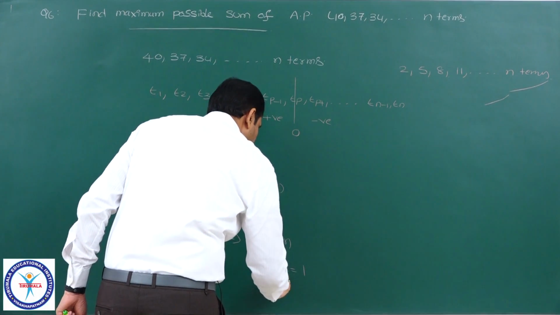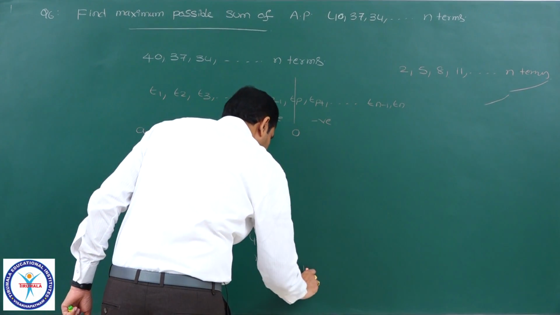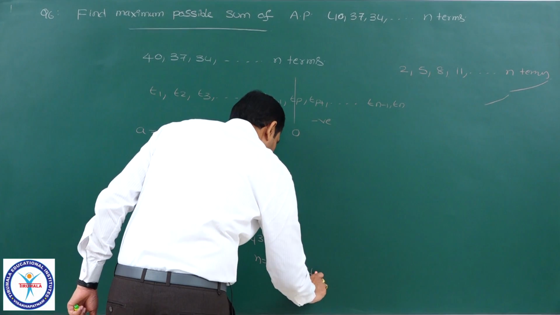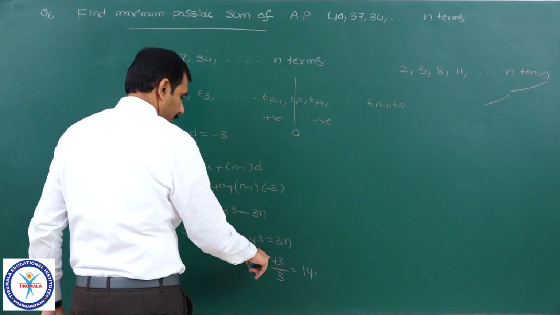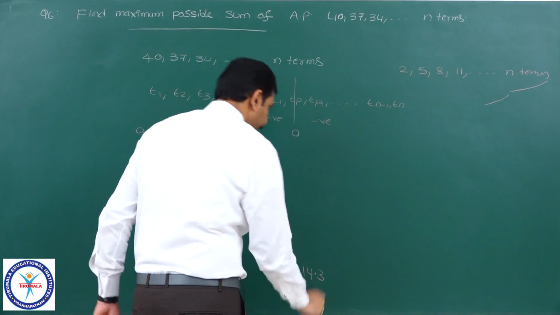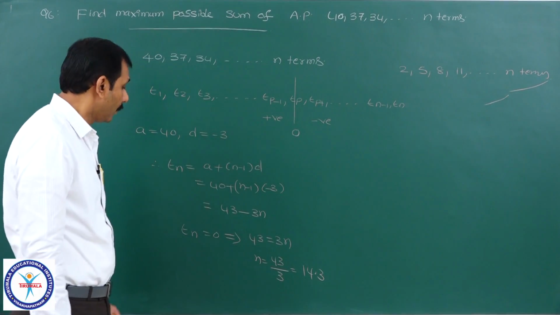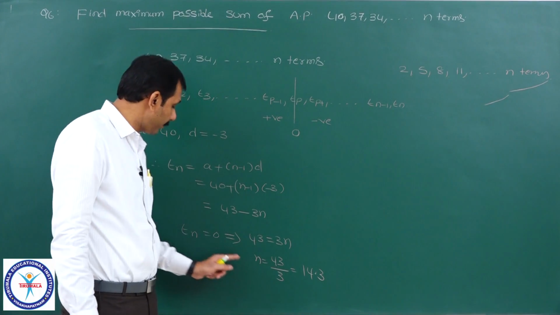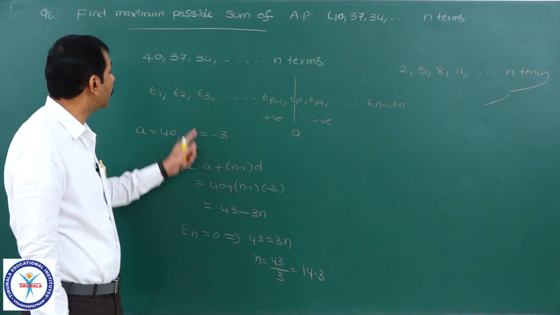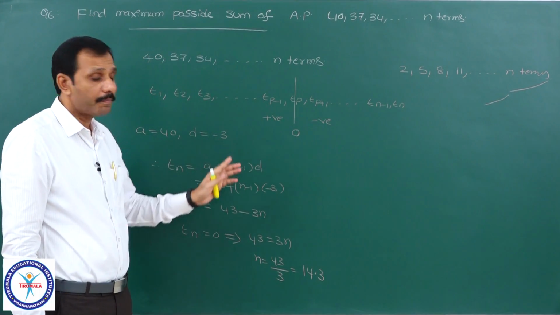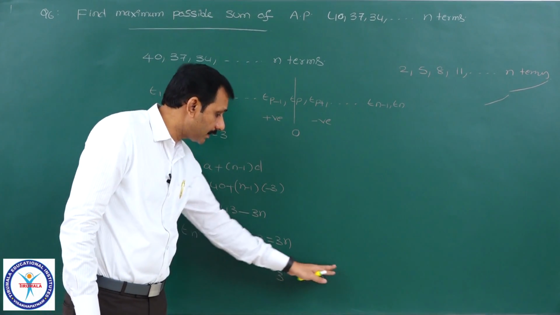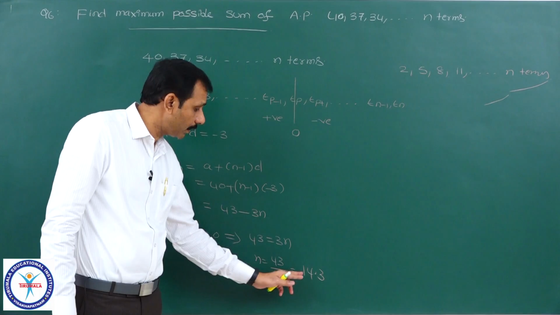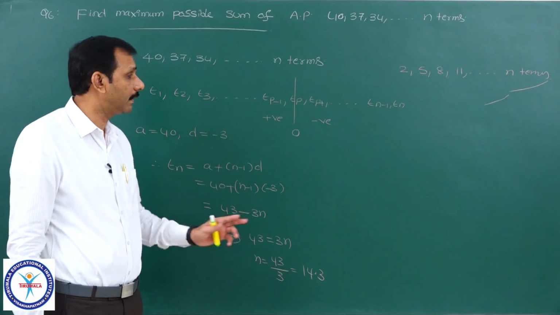It is equal to 14 and 1 by 3, about 14.3 approximate value. So, it is not an integer means 0 is not a term of this sequence, but of course 14.3 means next term of this one is the 15th term only, before that one means 14th term.